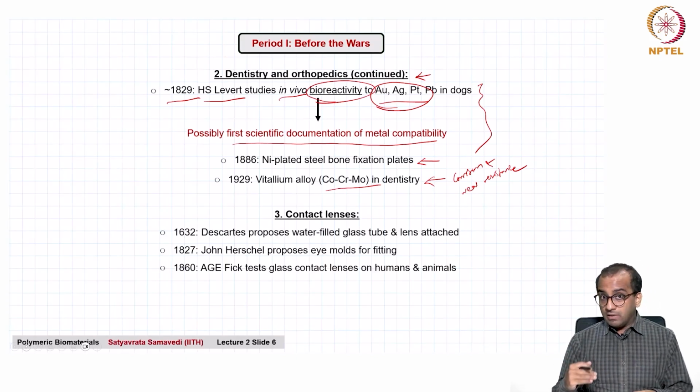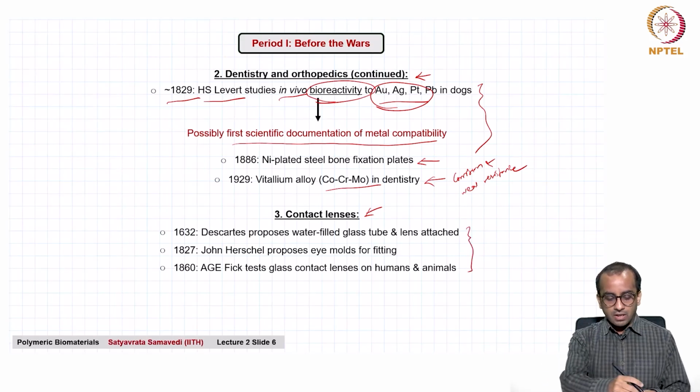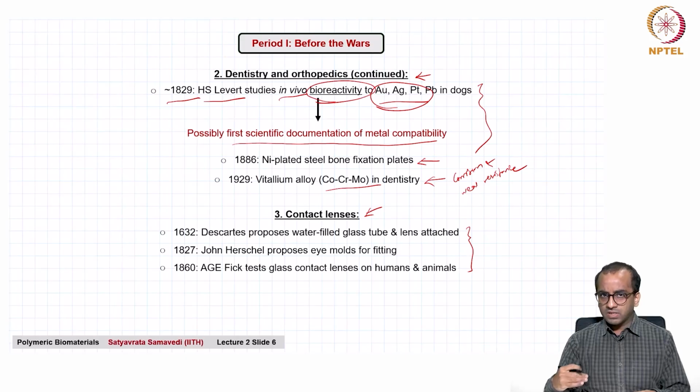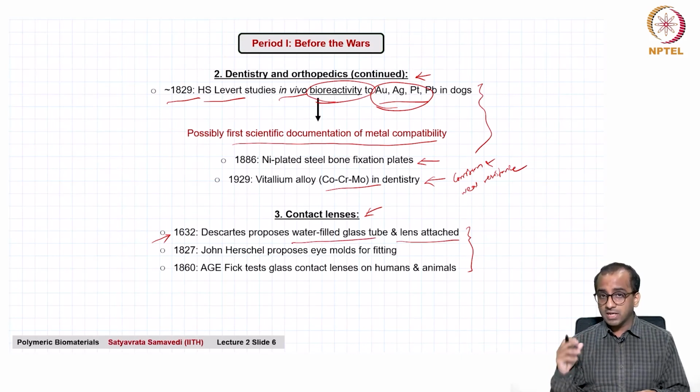Another very important area that has historically been very significant for biomaterials is contact lenses, and that is also something we are looking at in the period before the wars. I am giving you a snapshot of the significant developments here. In 1632, Descartes proposes water-filled glass tubes with a lens attached.